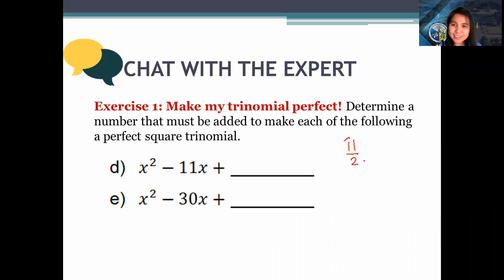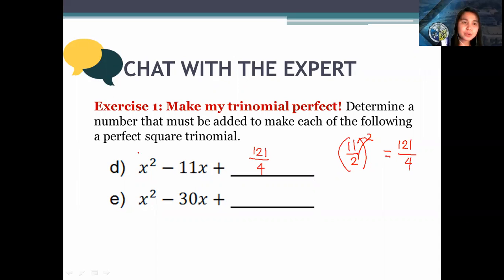So you need to square it. Go back to your grade 7 lesson. 11 squared is 121 over 2 squared is 4. So the last term will be 121 over 4. Very good.